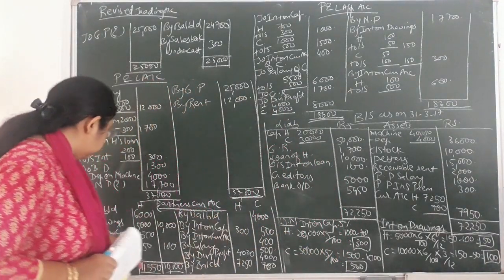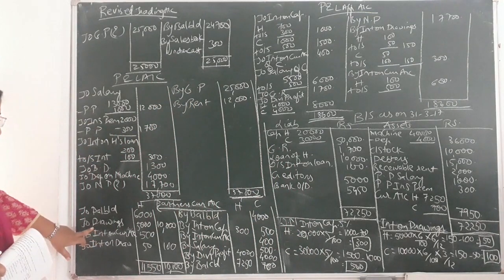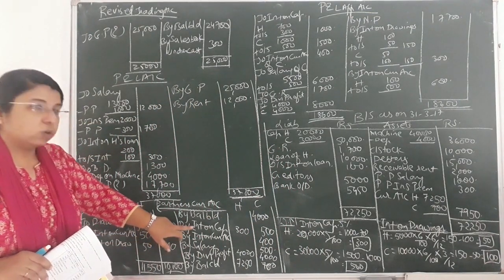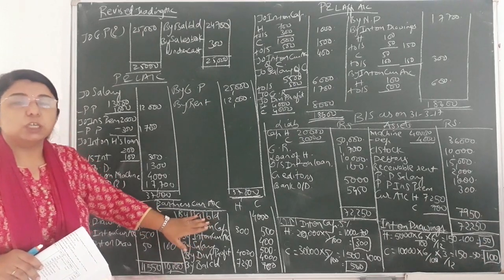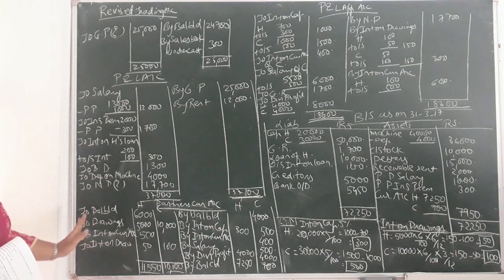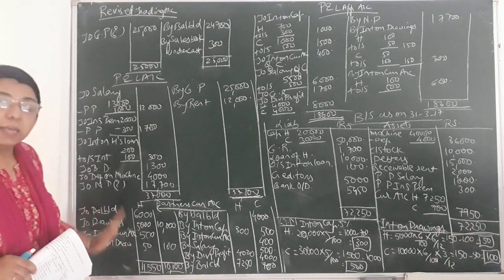You can see in the partners' current account debit side that whatever drawings we have, we post them there.